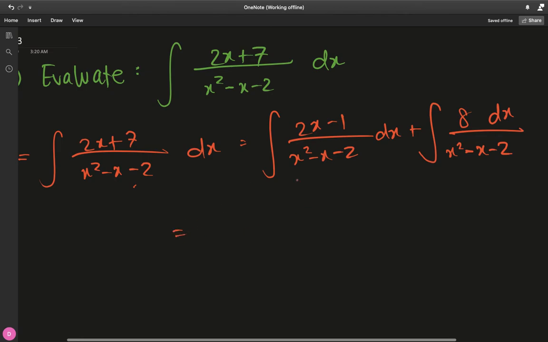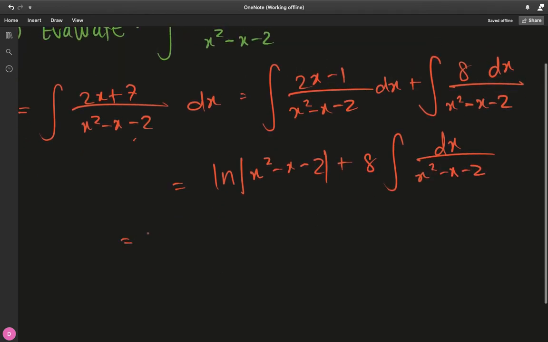Okay, so you can do some u substitution, but if you have the derivative of the denominator in the numerator, then this becomes the natural log of the denominator, which is x squared minus x minus 2. Plus we'll have 8 times the integral of dx over x squared minus x minus 2, and it looks like we'll have to complete the square over here the good old fashioned way.